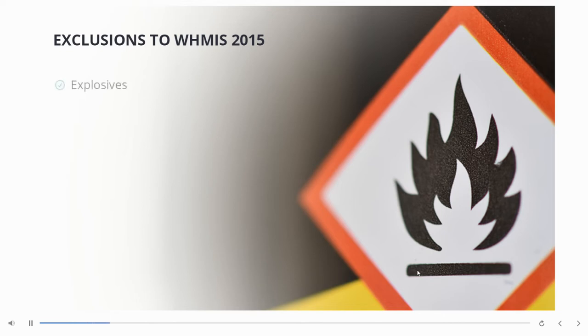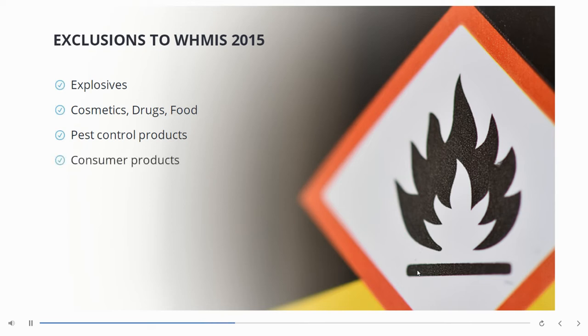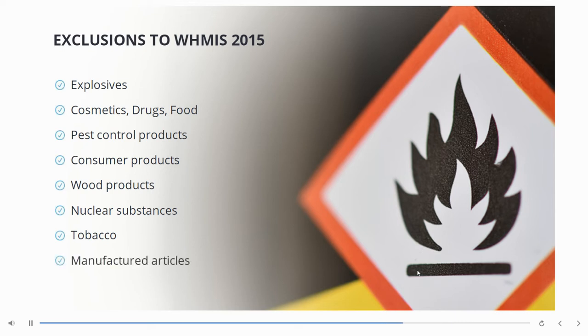These are explosives as defined in the Explosives Act, cosmetic, device, drug, or food as defined in the Food and Drugs Act, pest control products as defined in the Pest Control Products Act, consumer products as defined in the Canada Consumer Product Safety Act, wood or products made of wood, nuclear substances within the meaning of the Nuclear Safety and Control Act that are radioactive, tobacco and tobacco products as defined in the Tobacco Act, manufactured articles.